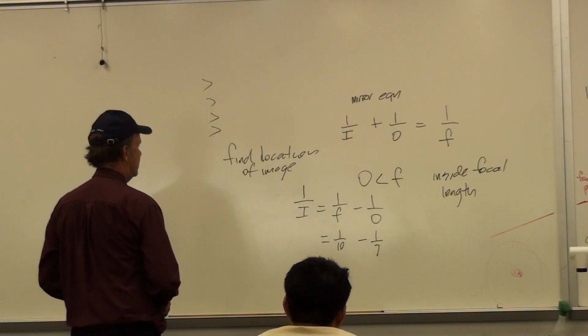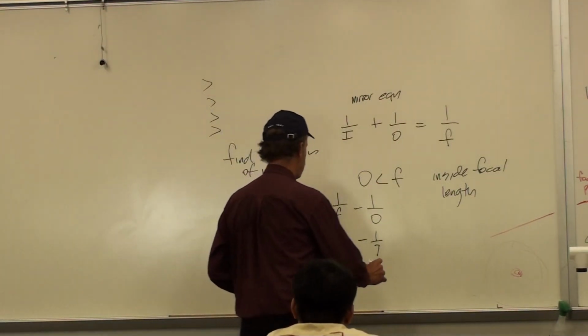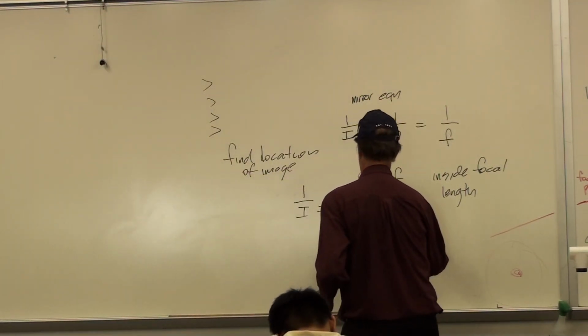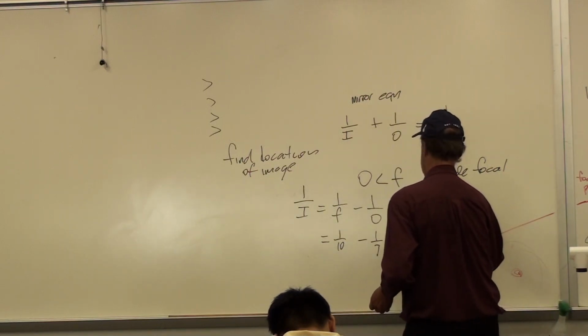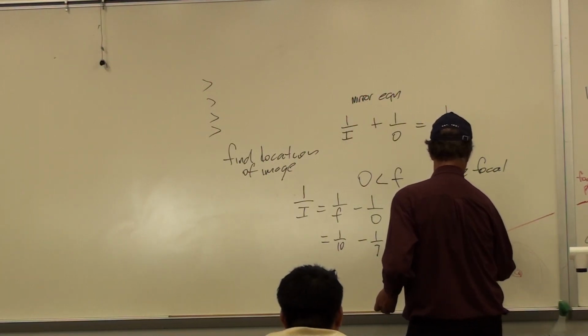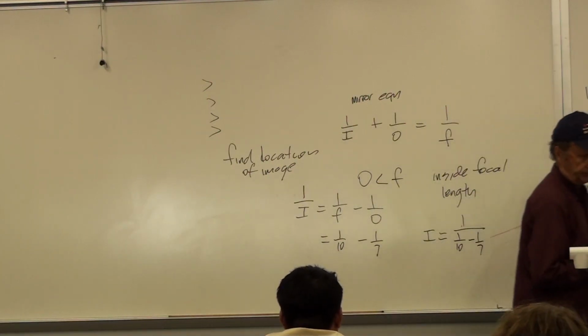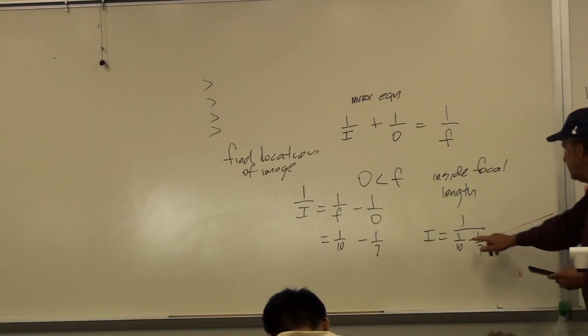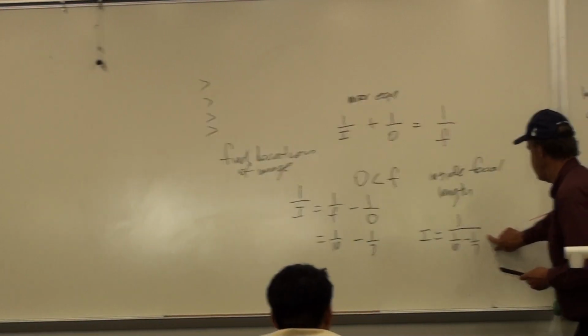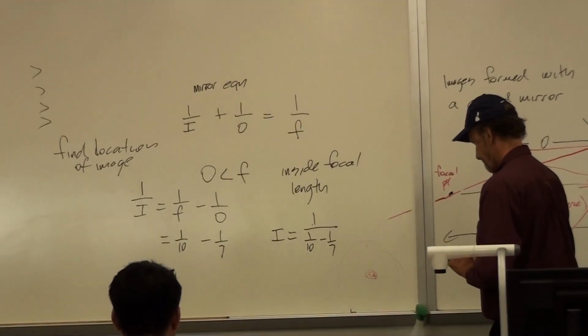And so I will be the reciprocal of that. 1 over 10 is going to be a smaller number, so that tells me that it's going to be a negative number.